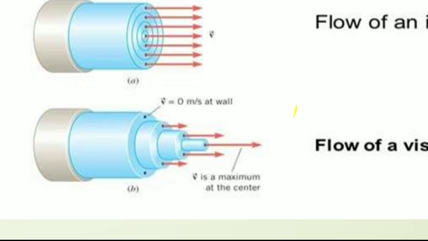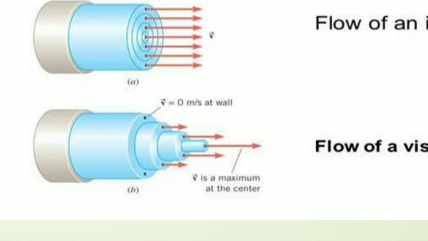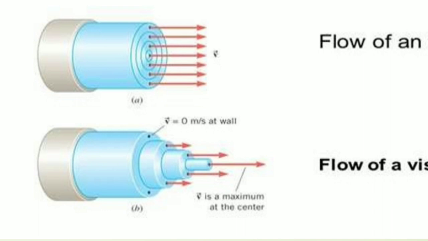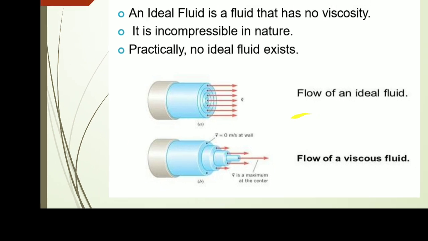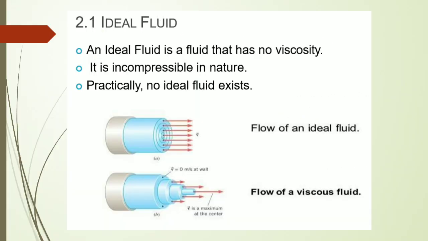In the second figure, the flow varies, and the viscosity goes on changing, but in the figure above the viscosity is constant and continuous, and there is no such fluid. That is what can be called an ideal fluid. So an ideal fluid has no viscosity and is incompressible in nature. Practically, no ideal fluid exists.